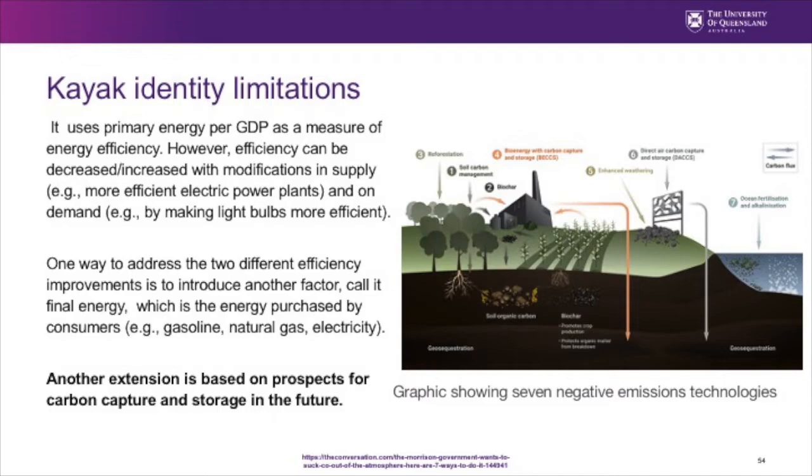So one way to address the two different efficiency improvements is to introduce another factor. But this is not the only one, I must say. There have been several modifications to the Kaya identity in order to accurately account for other influences on carbon emissions. This factor is called final energy, and it is the energy purchased by consumers.